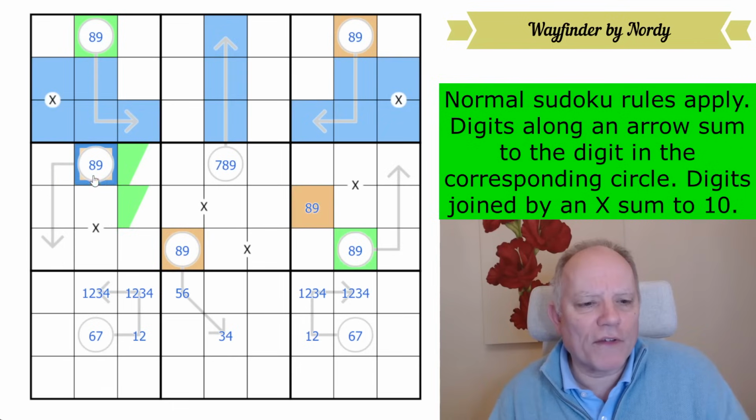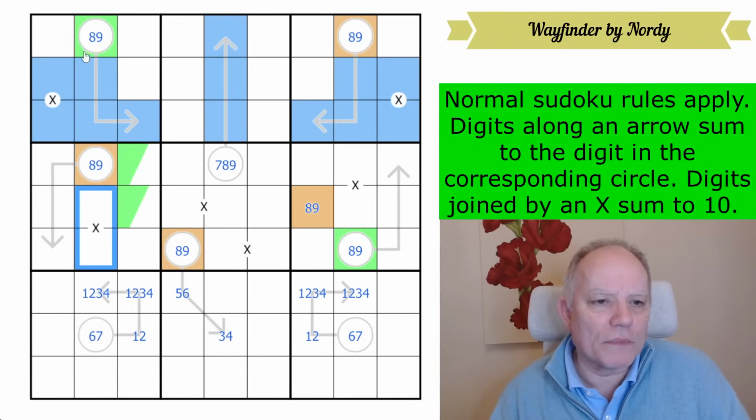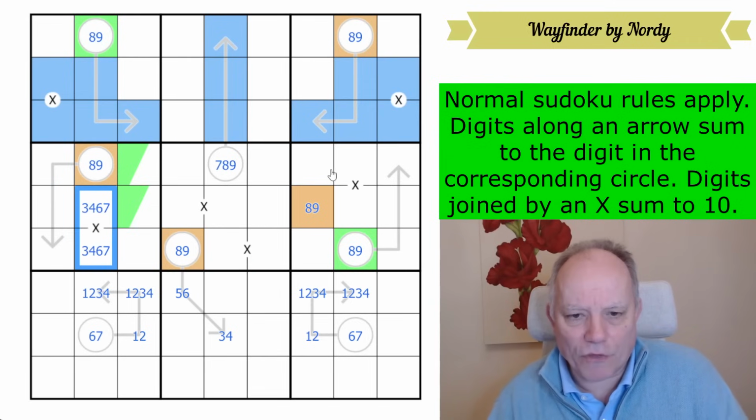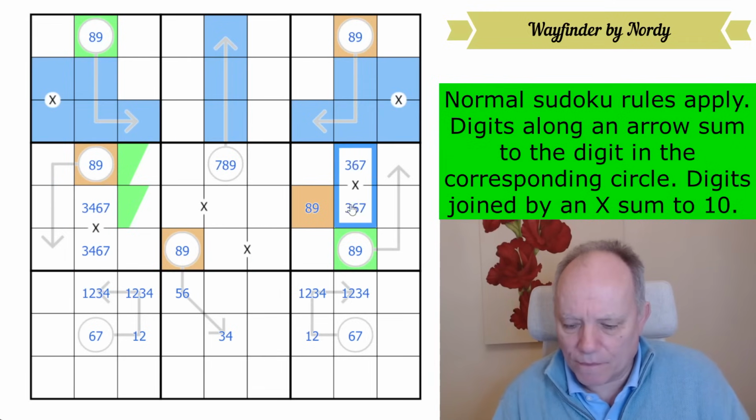Actually, that's true over here. We've got 8 and 9 limited to those. So in fact, in the columns, 8 and 9 have gone. So the high digit on these X's is either 7 or 6, going with 3 or 4. That's true here as well.